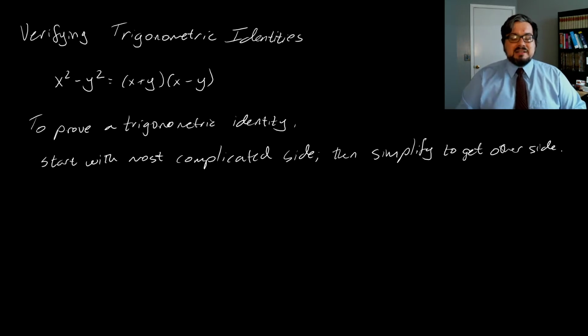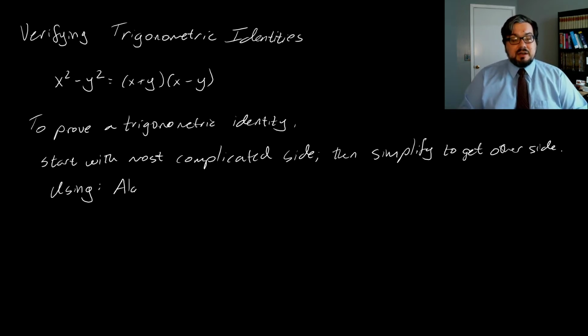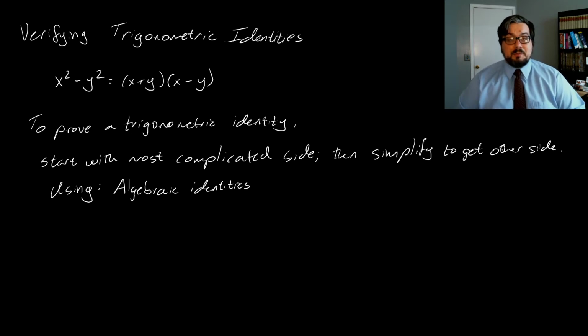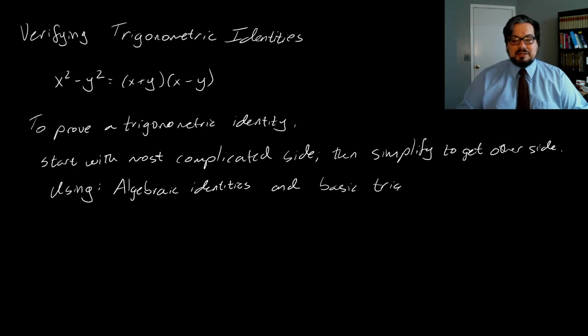The facts that we're going to use, the mathematical tools we're going to use in order to accomplish this are going to be algebraic identities, such as the difference of squares formula that we have above, or just general algebraic knowledge about how we simplify complex fractions, for instance, using algebraic identities and basic trigonometric identities.